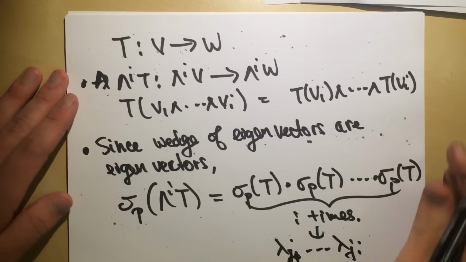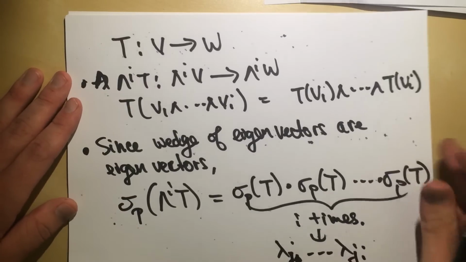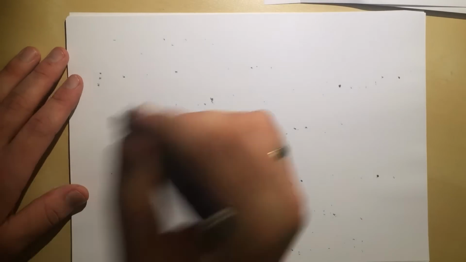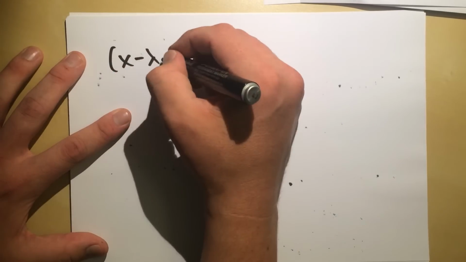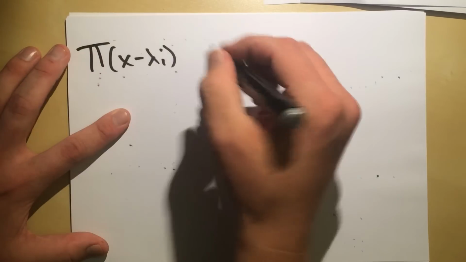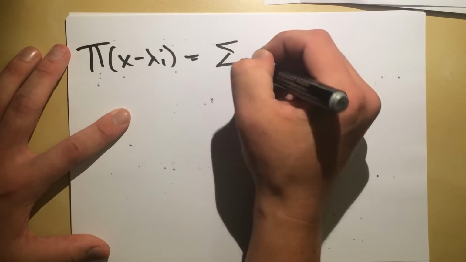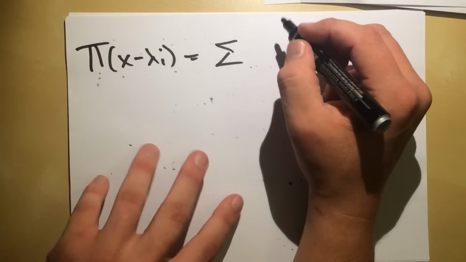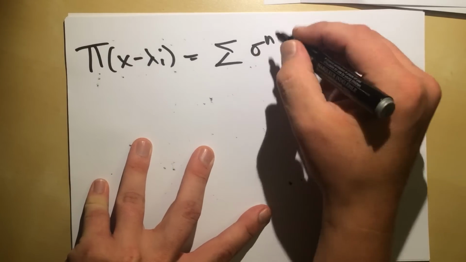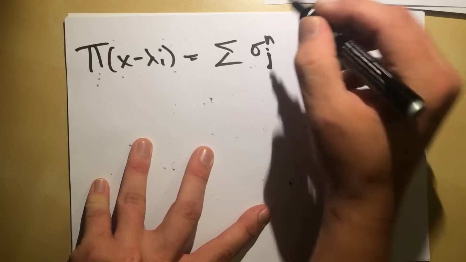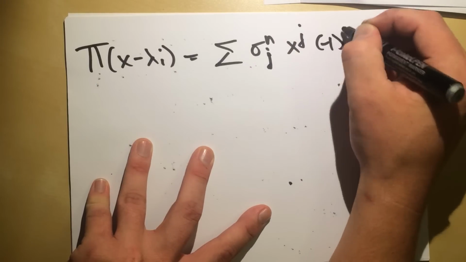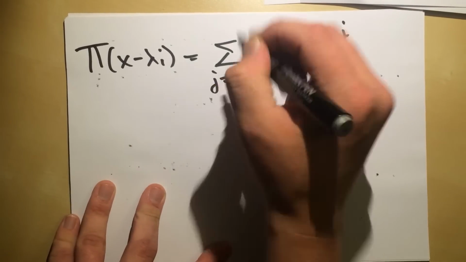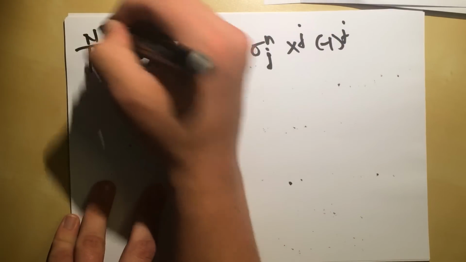So it'll take products of these, and as you recall, x minus a bunch of things like this will be a sum of elementary symmetric polynomials, x to the j with a (-1)^j factor, for j equal to 0 up to the number of these.